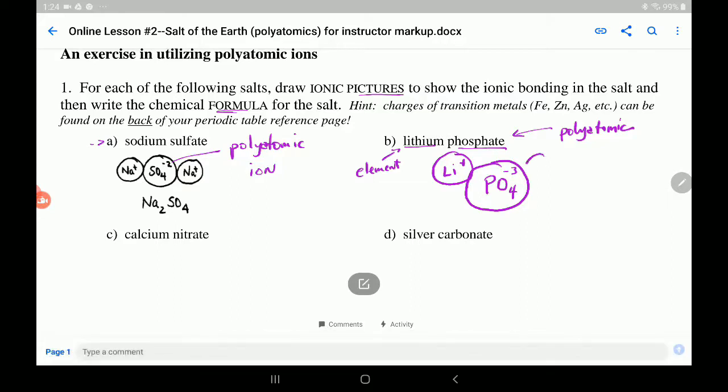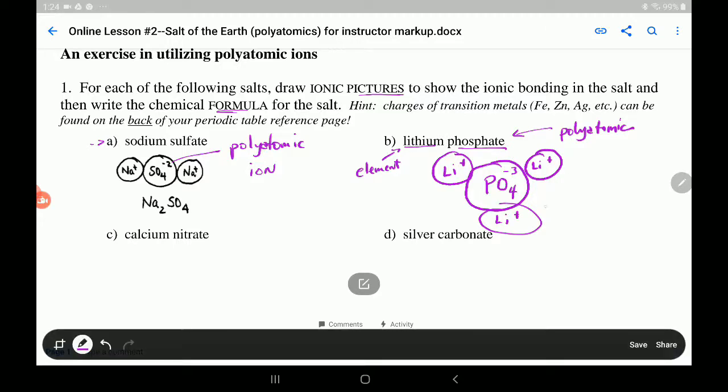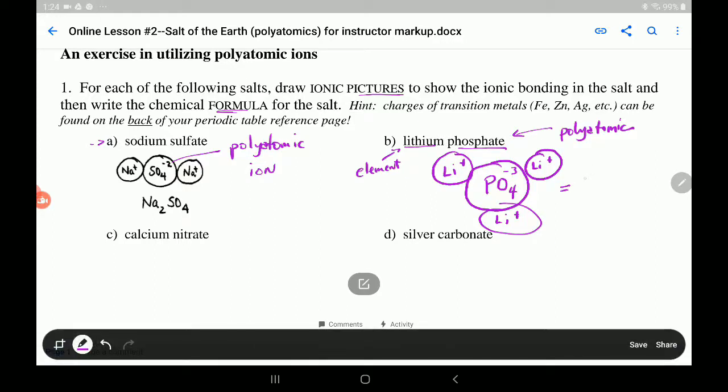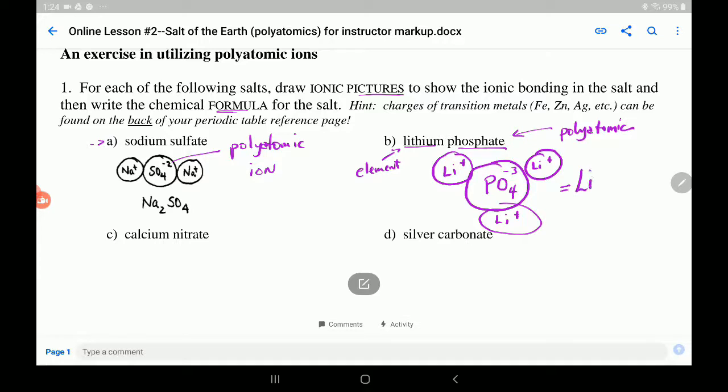So I'm hoping you see then, it's not 1 lithium, it's not 2 lithiums. That's an ugly circle, but you get the idea. 3 lithiums for 1 phosphate. That makes the charges equal. For every plus there's a minus. And the way you write that as a formula is Li3PO4.